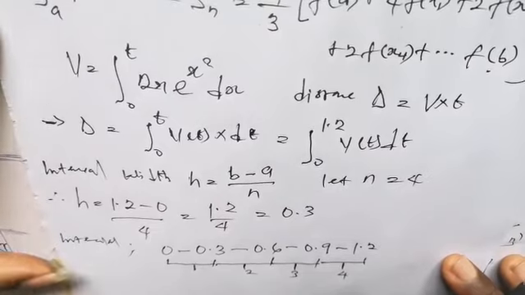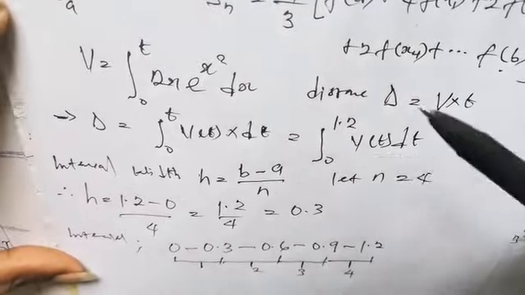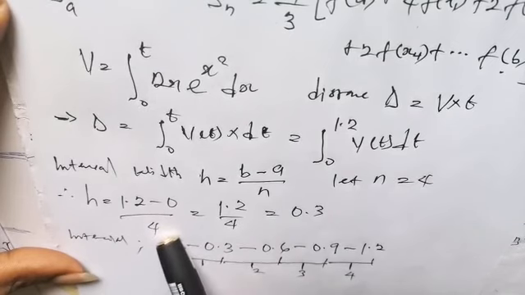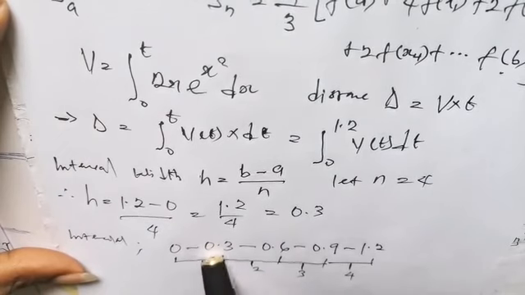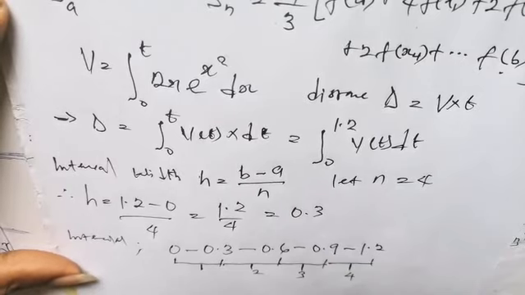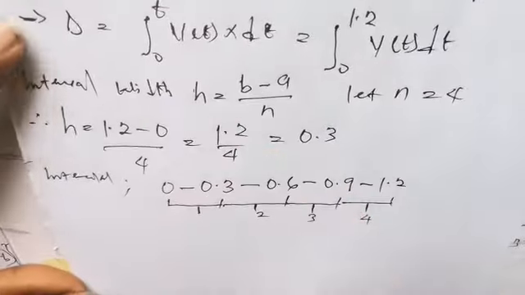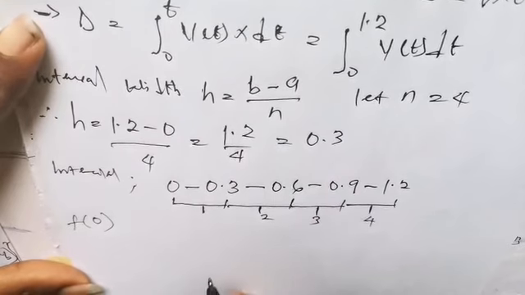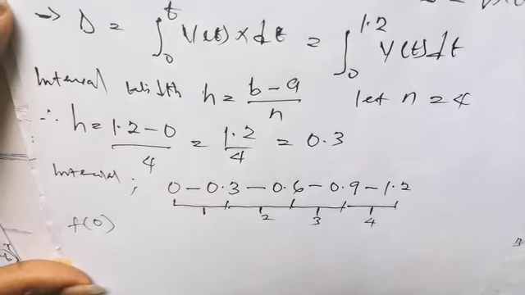So all we need to do, just like we did in the previous question, is find each of these functions. We have to find the function at the lower limit and at the upper limit, which is 1.2. Then we alternate 4, 2, 4 for the intermediate limits. First, we find f of 0, which means when x is 0, put in the value x equal to 0 into the function.